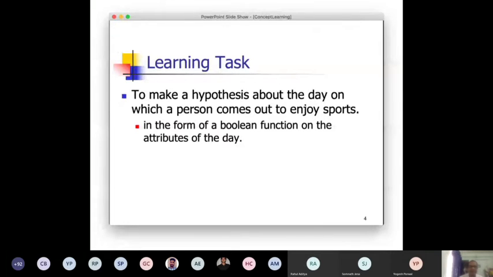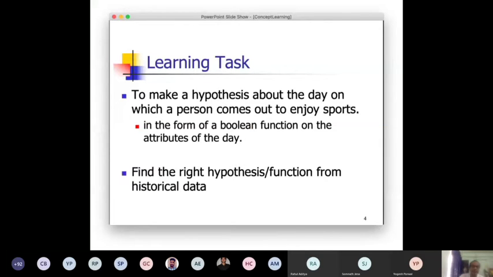We need to define this representation, which will define the space also. In this example, we will represent it as a Boolean function on the attributes of the day. Please note that this is not the only form for concept learning. It is one form, a kind of assumption on the form that you always have to make in a learning task, and then you proceed to discover that form or derive it from the data.